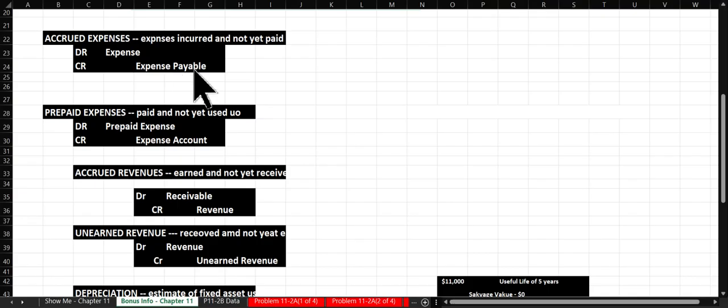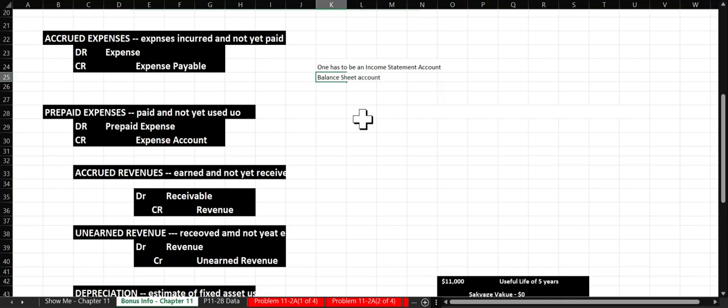Which reminds me, there is a general rule that you should bear in mind with regards to adjusting entries. I told you that it never involves the cash account. Well, another thing to remember is that one of the accounts has to be an income statement account, and the other has to be a balance sheet account.